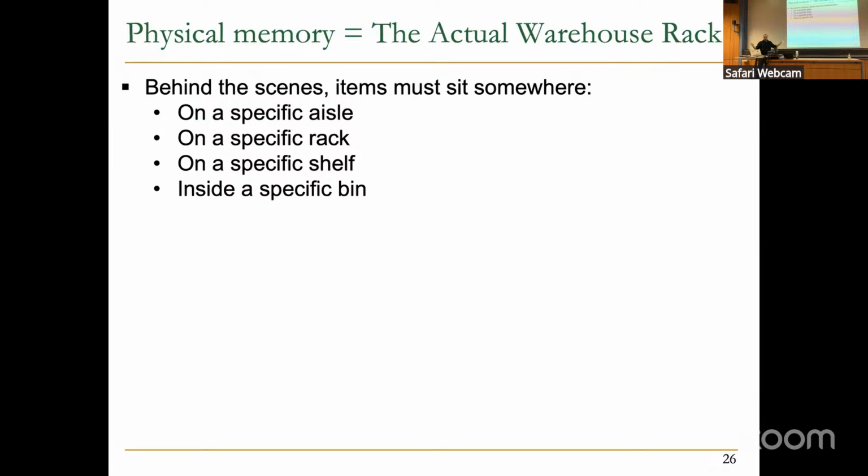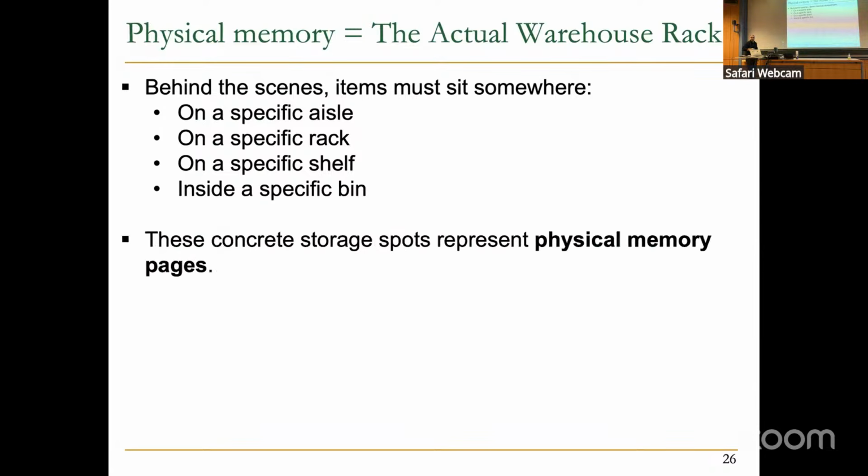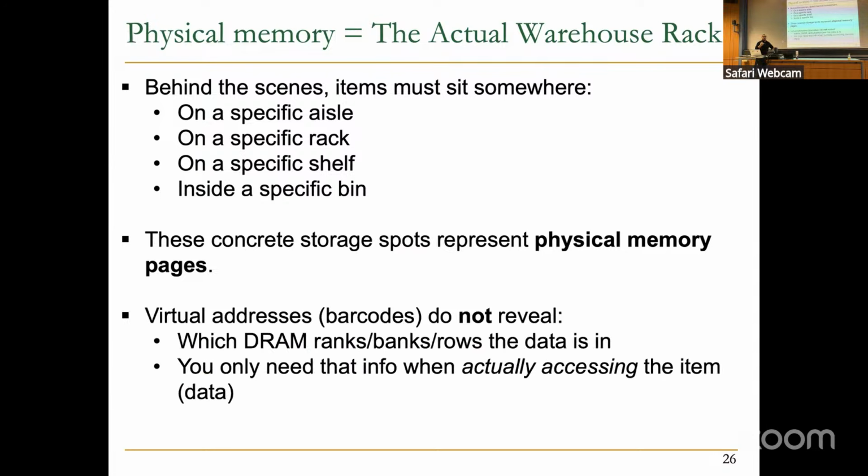So on a specific aisle, on a rack, on a shelf, inside a specific bin, and these concrete storage spots represent basically the physical memory pages. And virtual addresses, the barcodes, do not reveal in which row, in which bank, in which rank in DRAM the data is stored, and you only need that info when you actually access them.